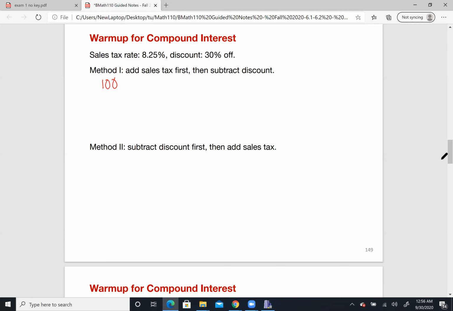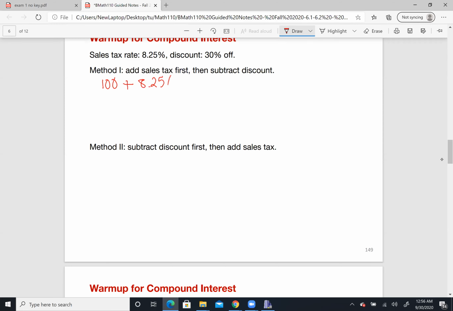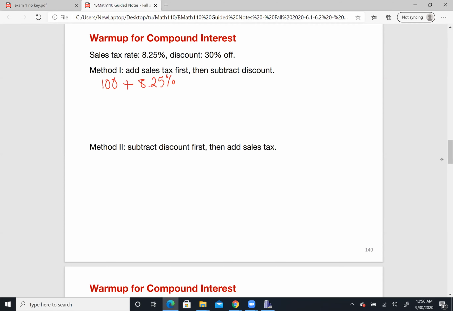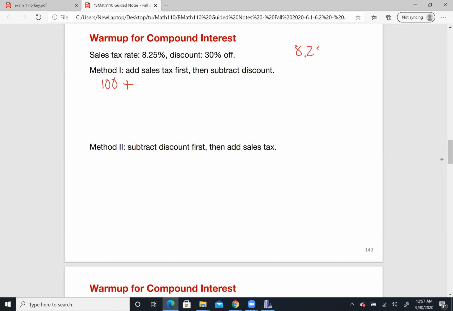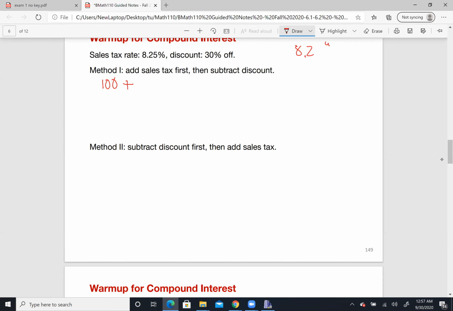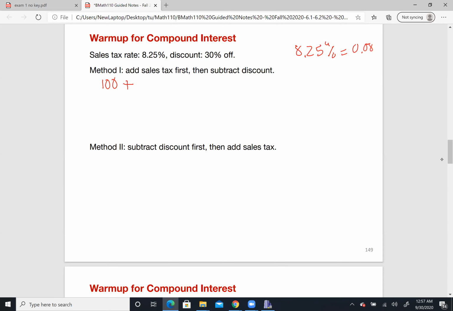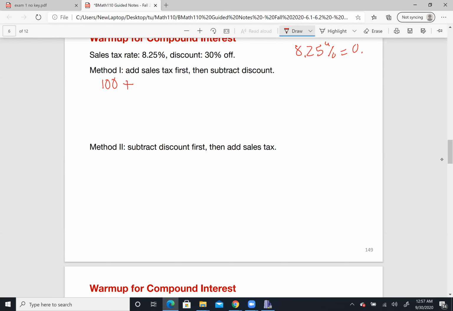You would add the sales tax first, which means you add 8.25%. 8.25% becomes 0.0825, right?